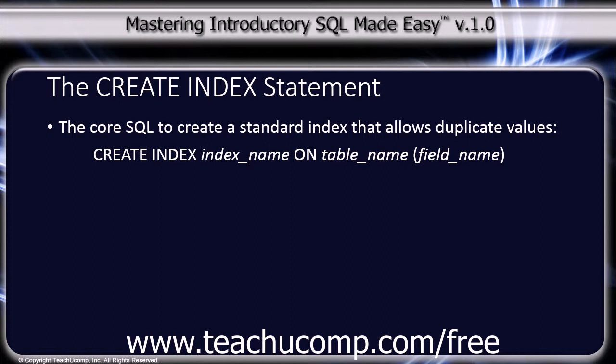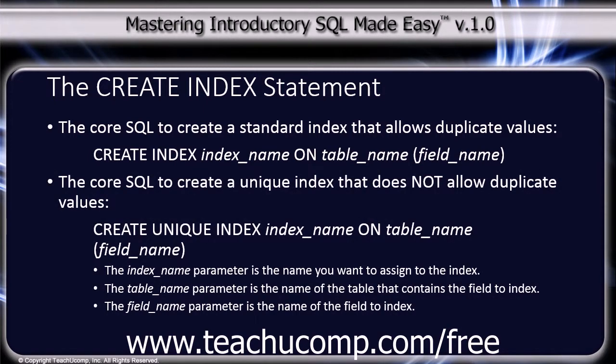To create a standard index that allows duplicate field values, the core SQL is CREATE INDEX, then the index name parameter, ON, followed by the table name parameter, then the field name on which you want to create the index within parentheses.